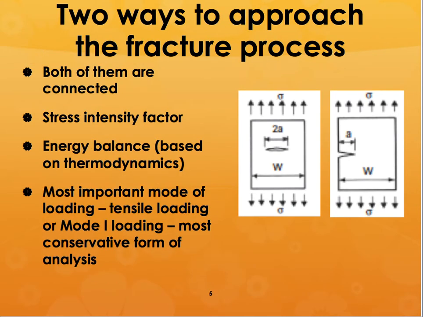There are two ways to approach that. You can either say that there is an inside crack or a surface crack, and both of them are connected. The first is the stress intensity factor, and the second is based on energy balance, which is more thermodynamics based.